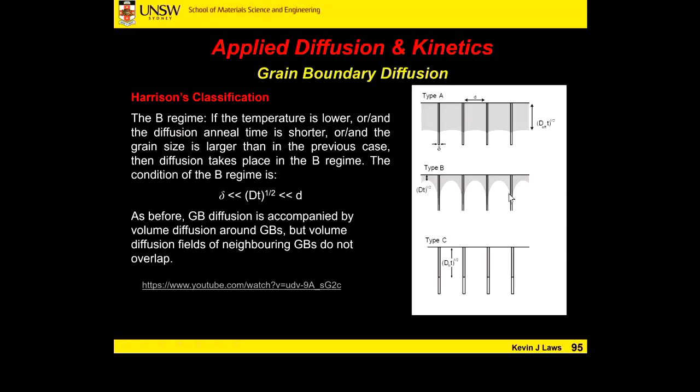So we don't quite get a uniform profile. We have a higher concentration of the elements along our grain boundaries and in closer proximity to our grain boundaries, as we go deeper in our profile. So in this case, we satisfy regime B.